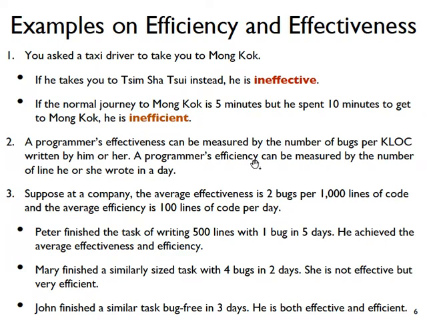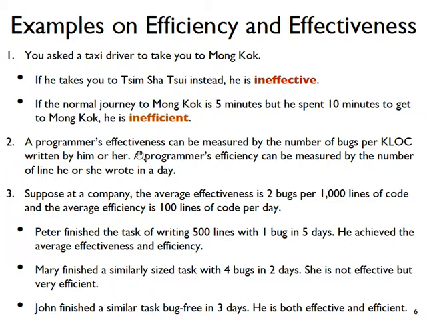So how to put it back into the context of programmers? If you are a programmer, you write programs, and your program does everything that the customers want with no bugs. And maybe it can be measured by the number of bugs per kiloline of code. If your measurement is 0, then you are very effective.